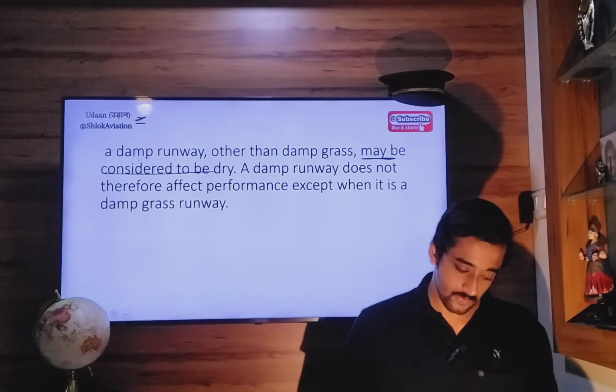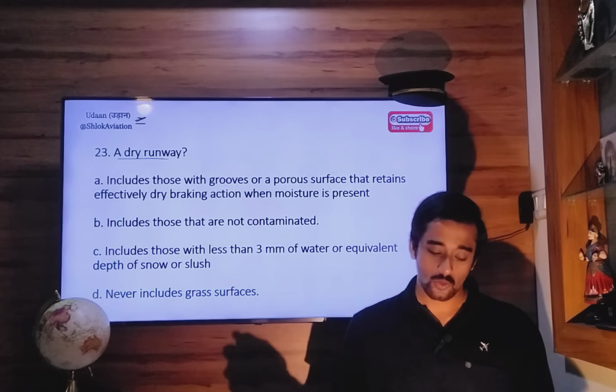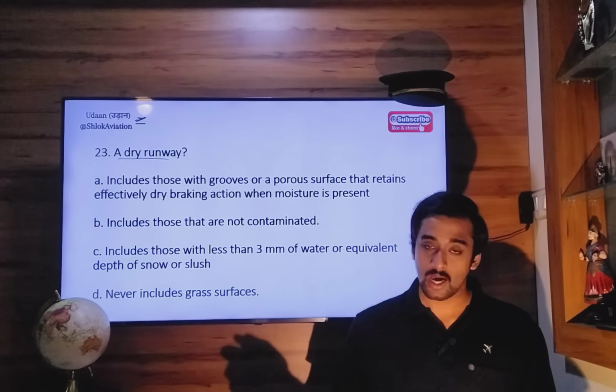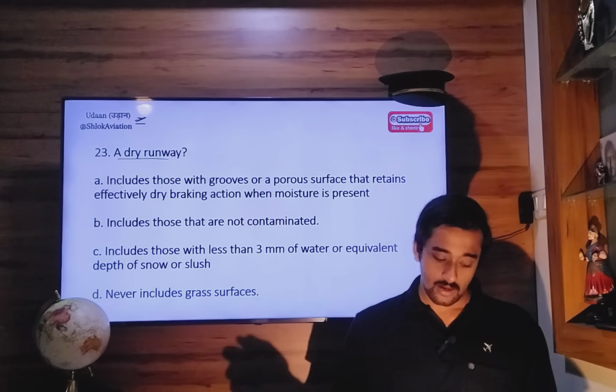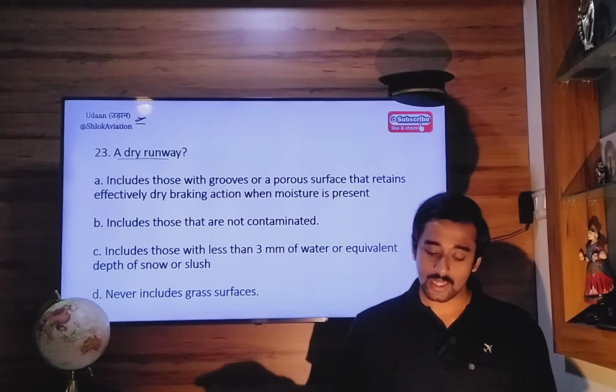Okay, next. What is a dry runway? A dry runway includes those with grooves or a porous surface that retains effectively dry braking action when moisture is present. Bravo: includes those that are not contaminated. Includes those with less than 3 millimeter water or equivalent depth of snow or slush.